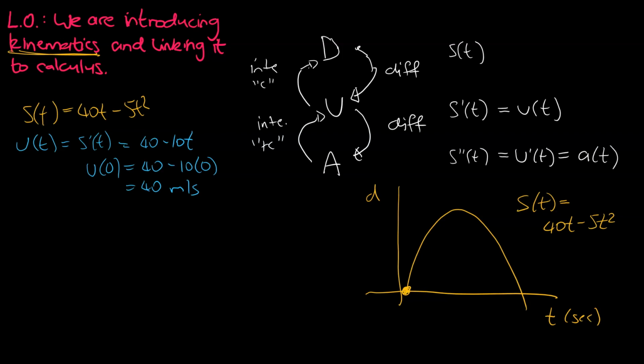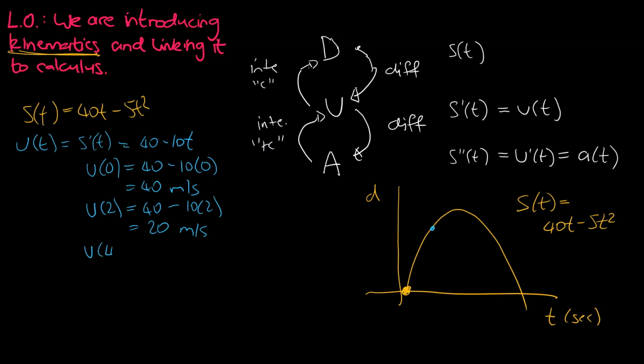And let's say it's 2 seconds in, how fast would it be traveling? You would suggest once you've thrown the ball up, it should slow down with the effect of gravity. So 40 minus 10 times 2 is 20. It's traveling at 20 meters per second. And again, that makes total sense.